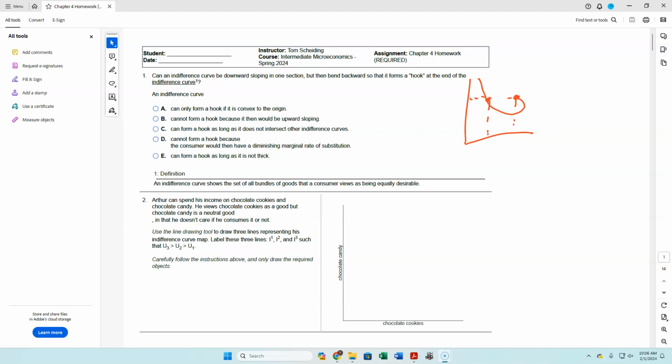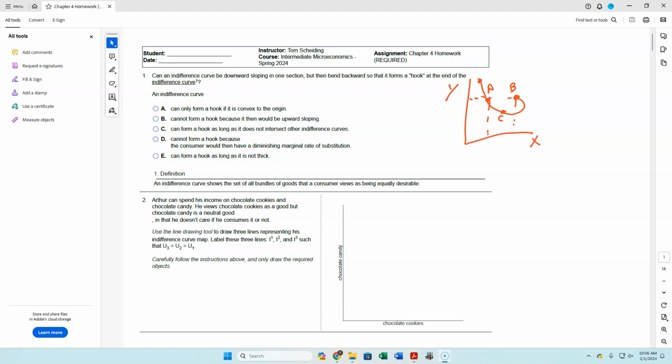It would be impossible to have a backward bending curve because the only way you could have the same amount of Y but more X and be indifferent would be if X were contributing nothing, because you have more of X but the same amount of Y. That would be, let's say, between bundles A and B.